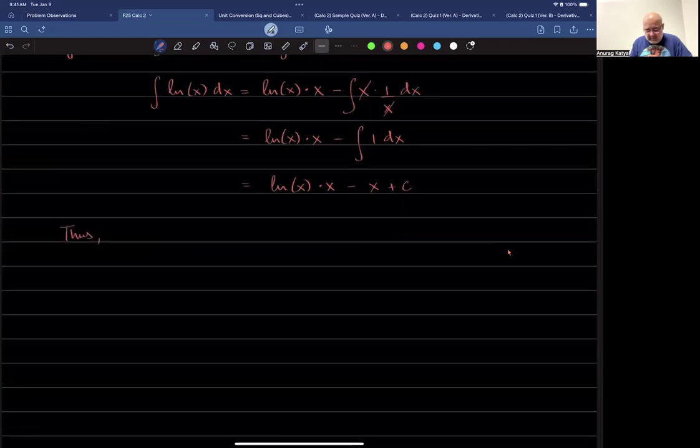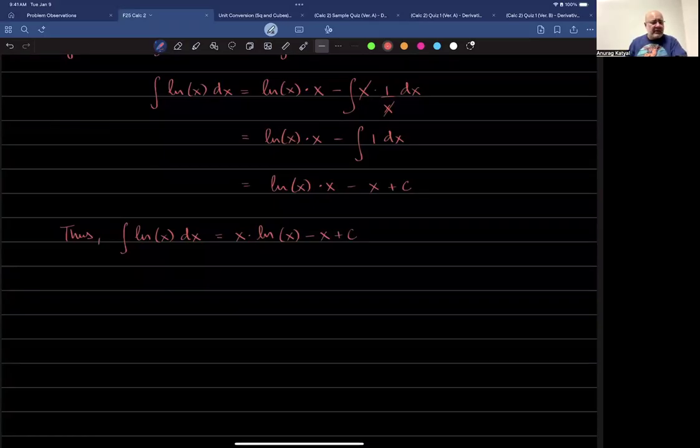The antiderivative of ln of x with respect to x is x times ln of x minus x, plus c. So when you just have single functions and there's no compositions, nothing that would lend itself to substitution, try to consider just using dv as dx.